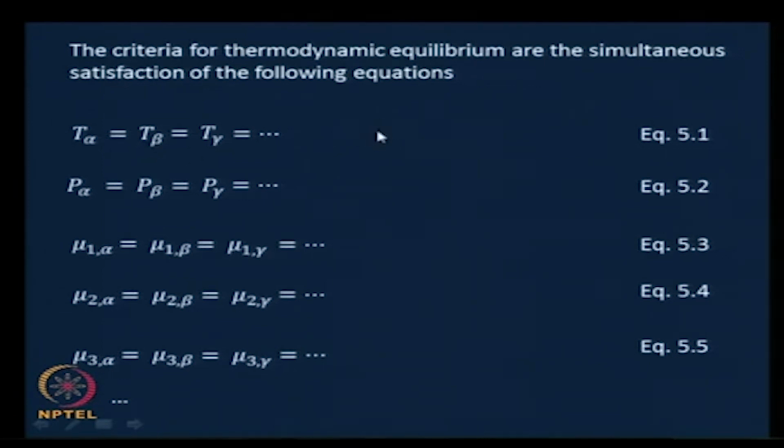For example, T alpha equals T beta is one equation, T beta equals T gamma is another equation and so on and so forth. Therefore, if there are pi phases, there would be pi minus 1 different equations here, and that is valid for each one of these composite equations. This is what we saw in the last class, very fundamental. So, it is good to go over it again.